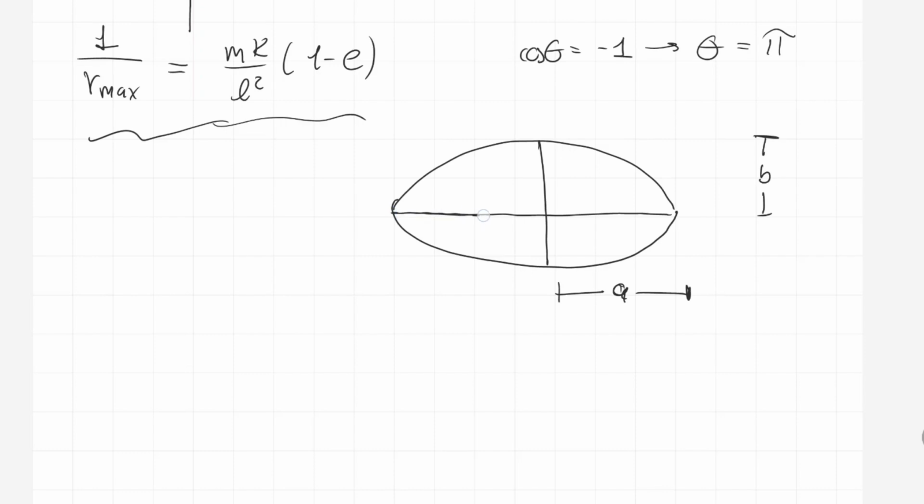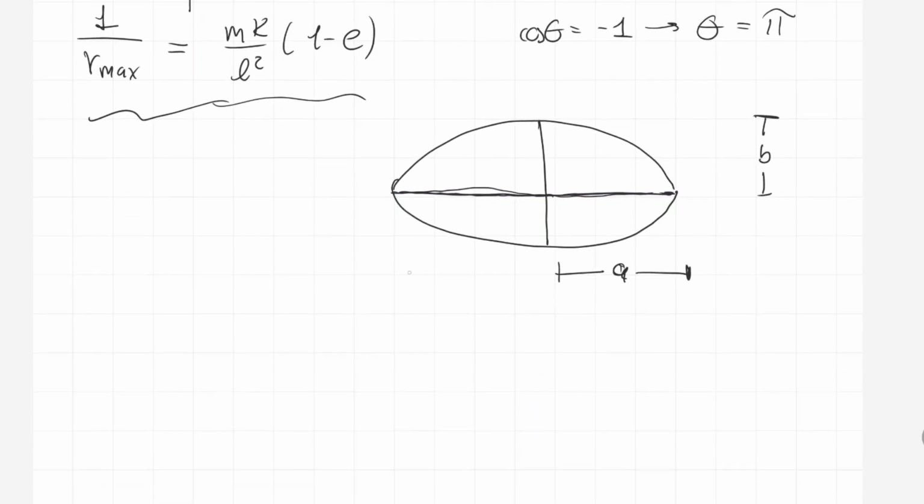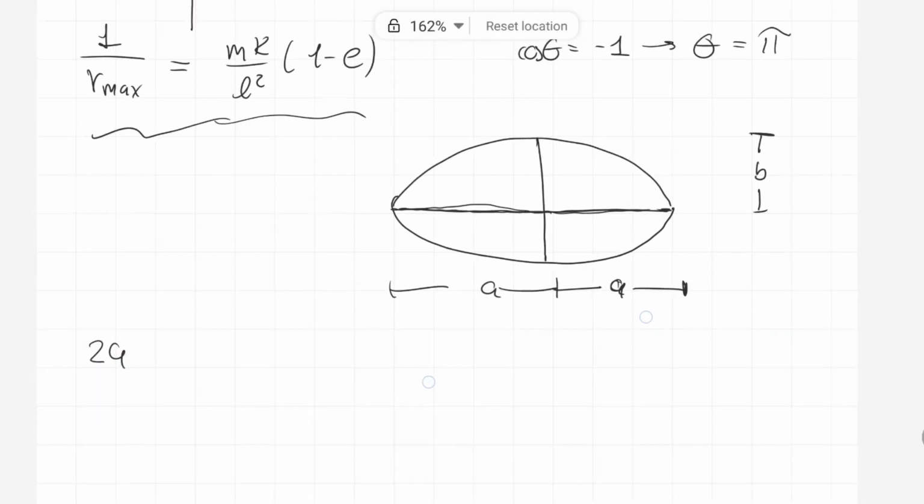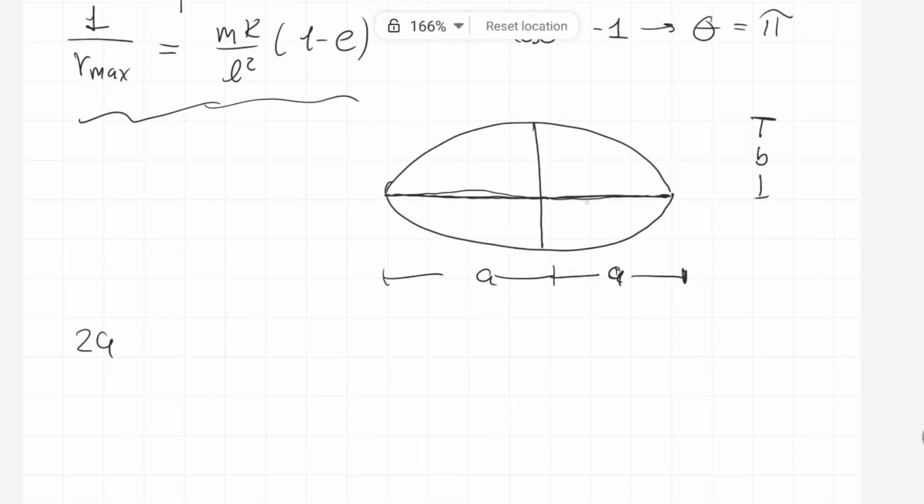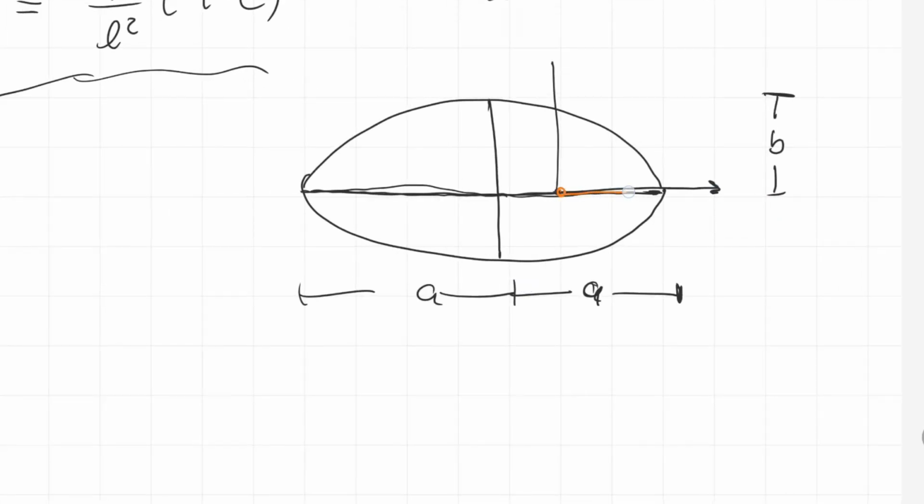So this whole axis that I'm underlining here can be specified as 2a. If we have the focus here, the reference system here, then this will be our r minimum, and r maximum will be this.